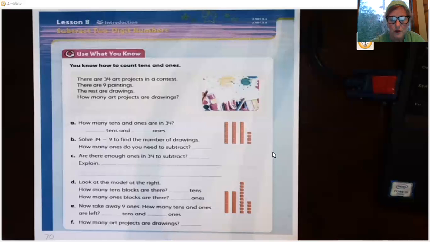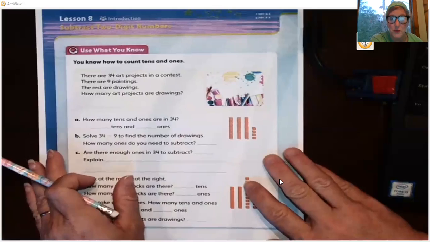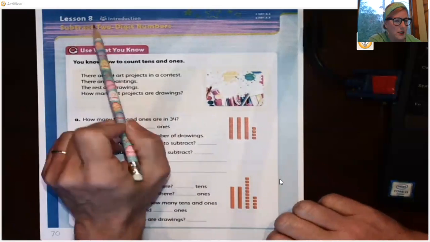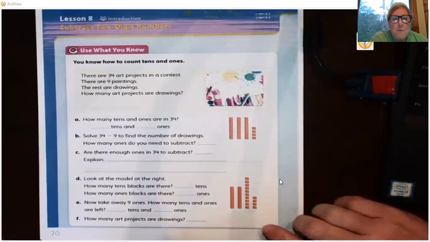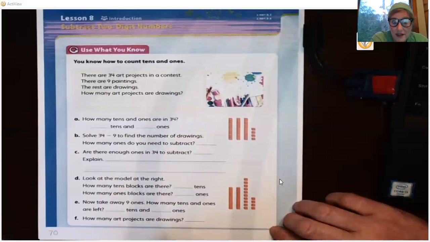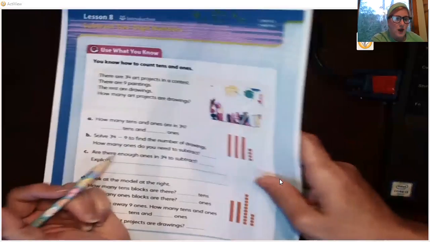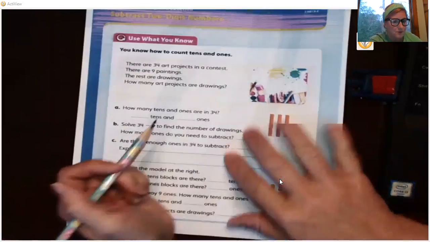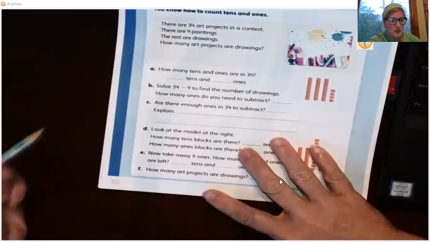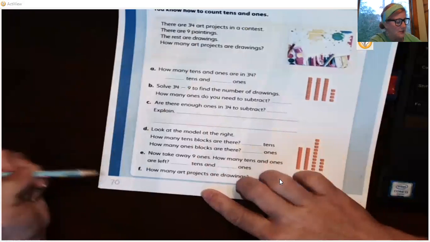So I'm going to share my screen with my copies from the book. There we go. So these are copies from the student version. I'm running out a little ink up here. But these are on pages 70 to 77. So just find page 70. Write down, you see it down here, page 70.